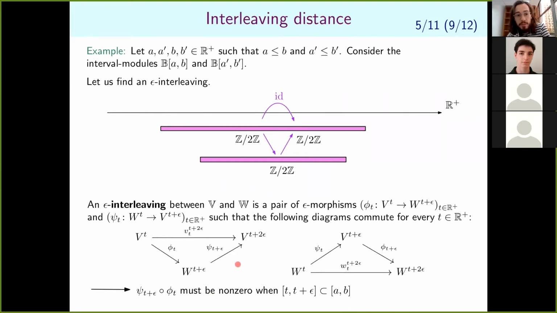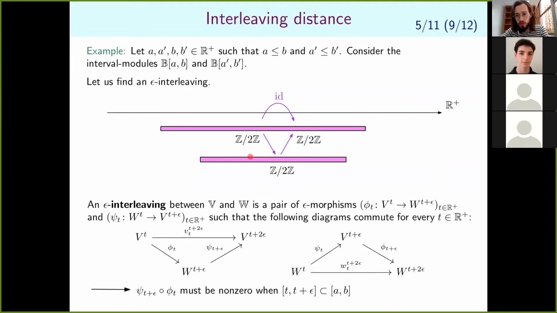So the first one here, what we have is vector spaces equal to Z over 2Z. This map above is the identity by definition of an interval module. And so I want the composition of these maps to be the identity. But these maps, phi t and psi t plus epsilon, are either 0 or identity.